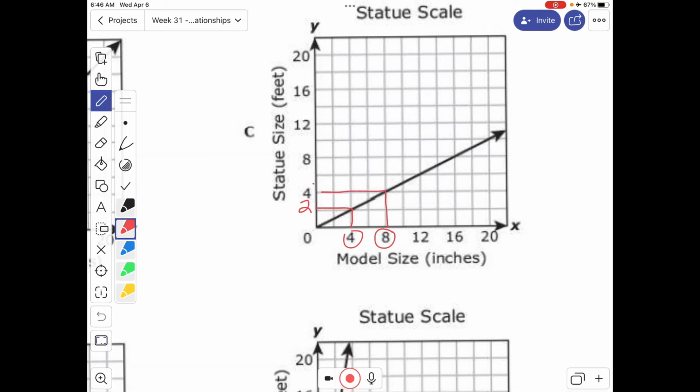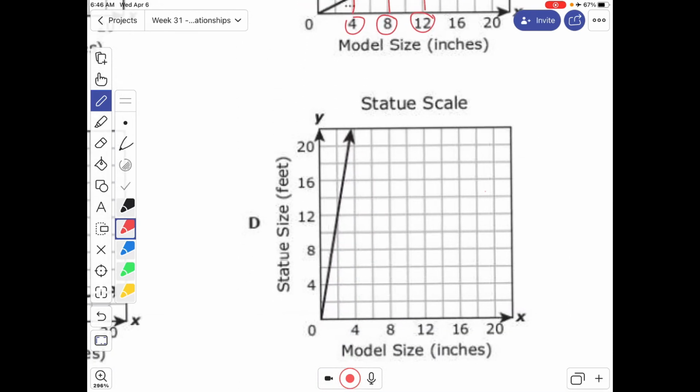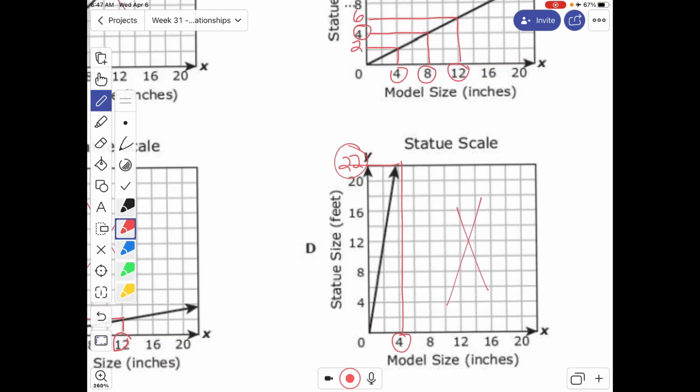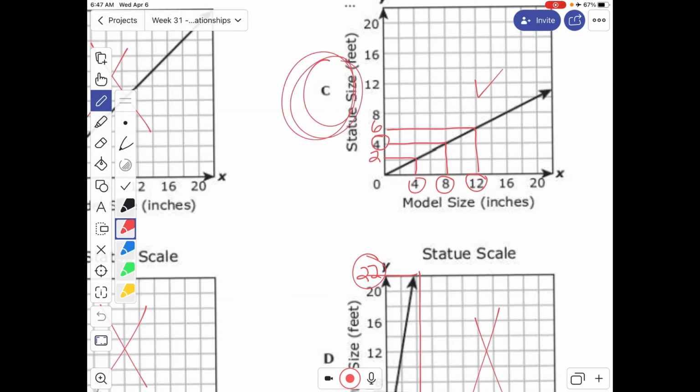Over 8, over to 4, over 12, up to 6. All of those were in our T-chart. Number 8, if I go over 4, it goes all the way up and it looks like maybe 22. That definitely was not in the T-chart. So the only one that fit our T-chart was C.